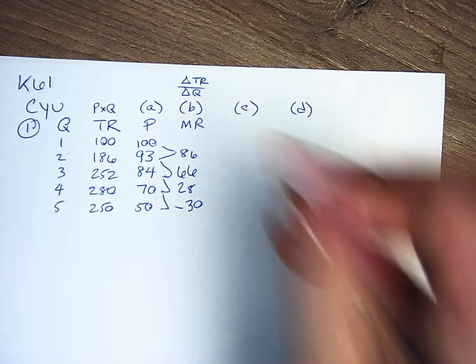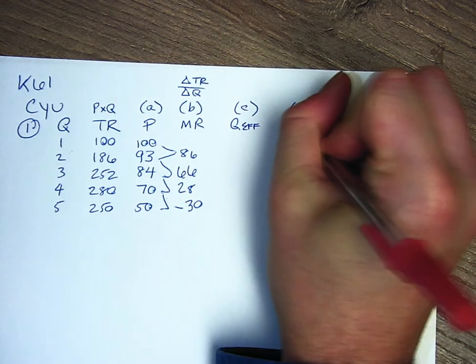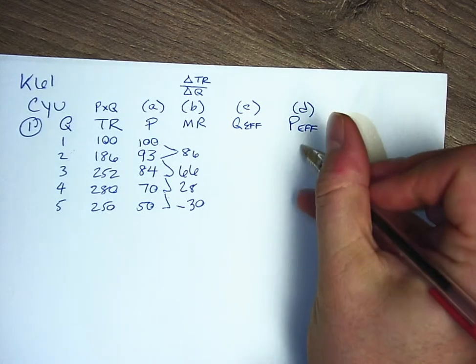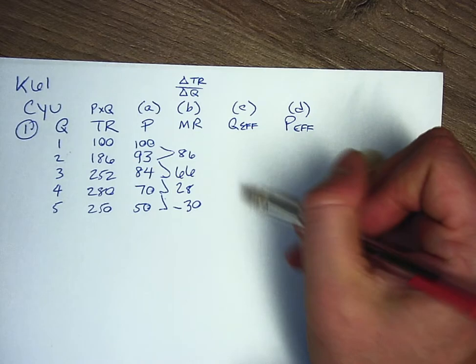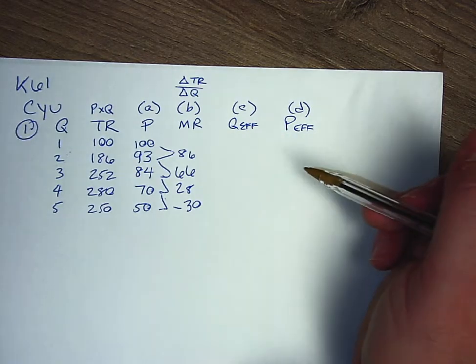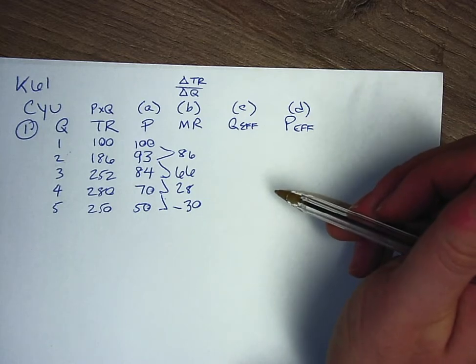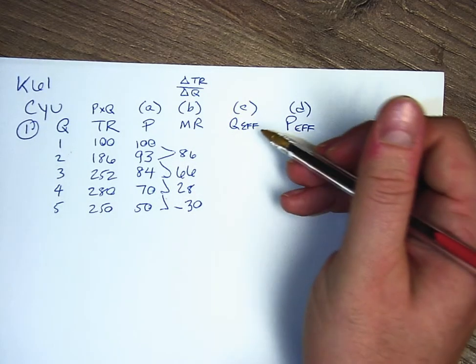So for this one, this is going to be the quantity effect, and this is going to be the price effect. And all of the price effects, because we're lowering the price, are all going to be negative, and all of the quantity effect is considered the benefit you get from selling an additional quantity. One way to think about this is it's the additional price of the next unit that you gained.